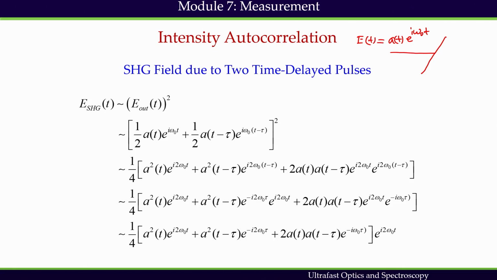The 50-50 beam splitter will split the intensity into two equal intensity pulses. So we know that E is the square root of I.